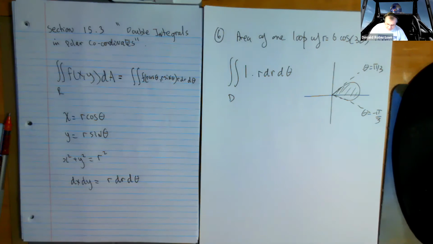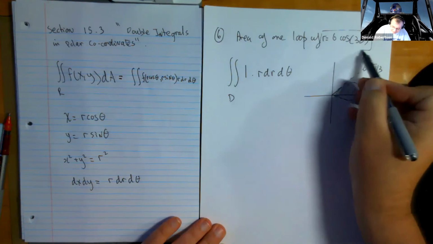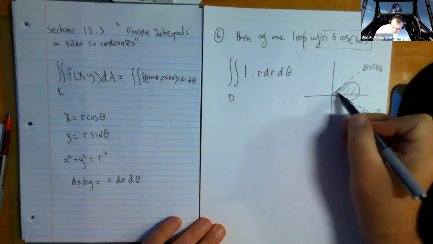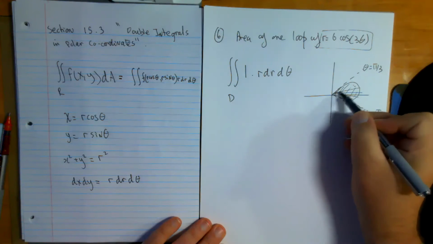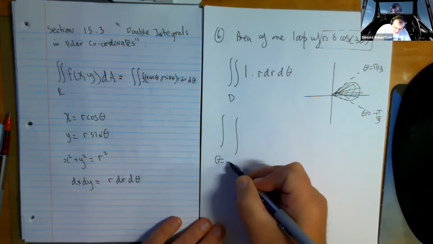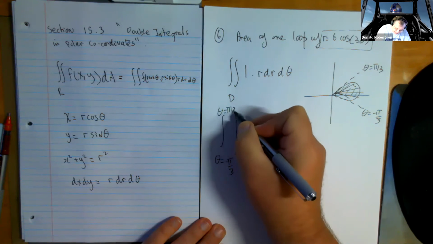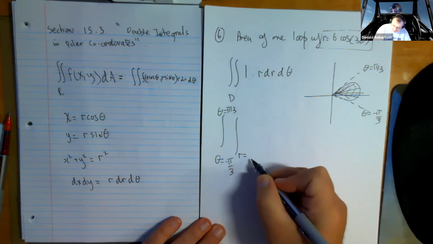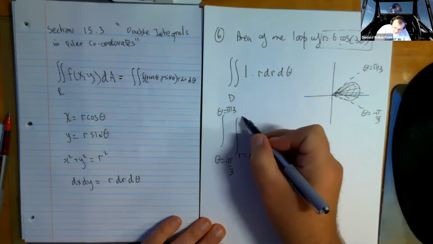Okay, so the r value. If you want to fill this shape up, doesn't r go from 0 to the edge of that loop? So that means theta goes from negative pi over 3 to pi over 3. r goes from 0, but not to a fixed number, but to this fella.